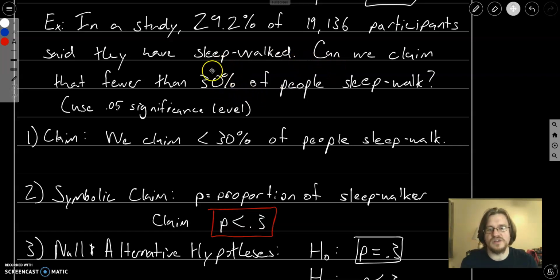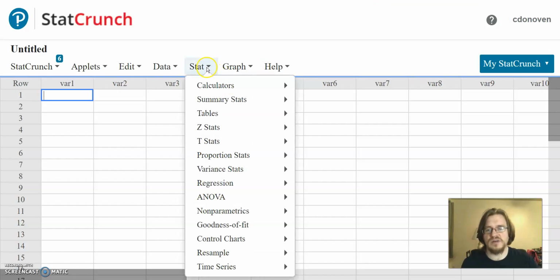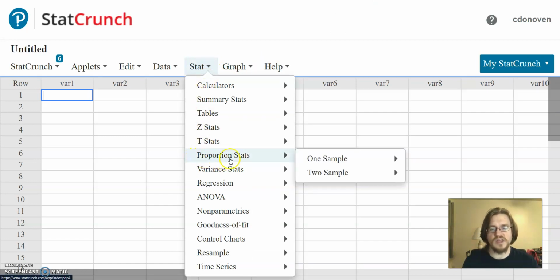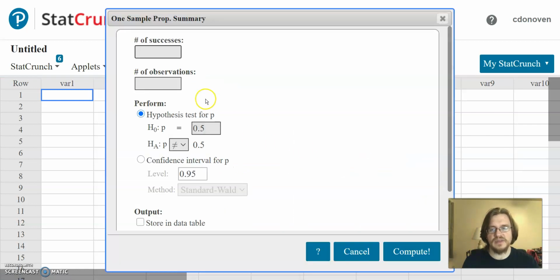So the question is, can we claim that fewer than 30% of people have sleepwalked? So if we come back to StatCrunch, we want to go to statistics. We are estimating proportions, so we want to do proportion statistics. We only have one sample, and we can summarize the data in the sample.